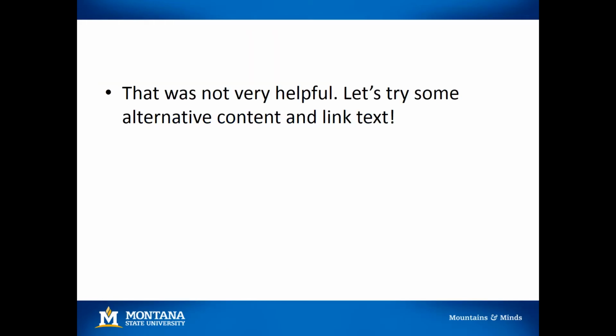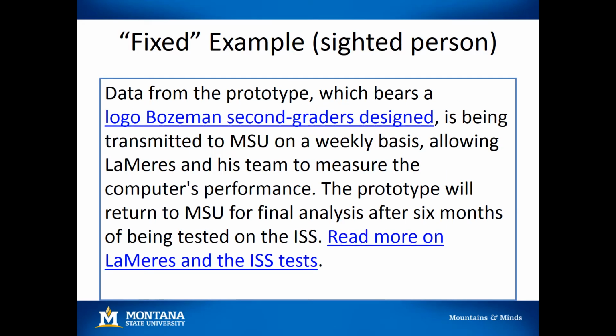So let's try looking at some alternative content and link text. So let's come back to our paragraph. This time I'm changing the link text to encompass the word logo and the words designed. So now my link is logo Bozeman's second graders designed. Okay, cool. Now I understand what that is. And then down at the bottom, instead of saying read more for more information or whatever, we actually change the last sentence to say, read more on Lemira's and the ISS tests.